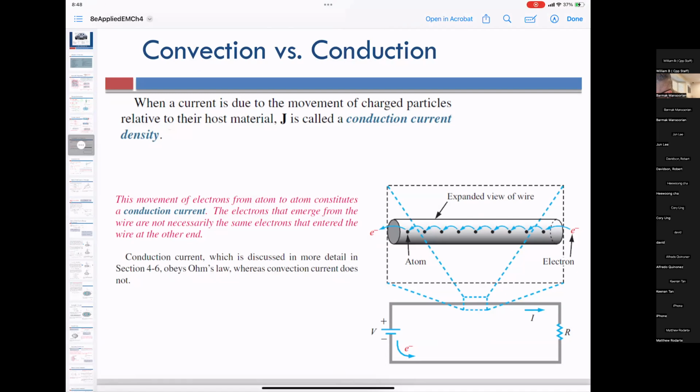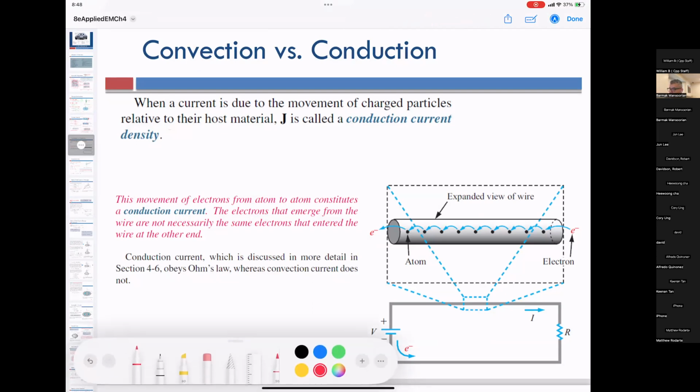And the conduction current is more in the sense that the electrons are moving through the material. For example, in a wire, you get electrons moving through the wire, and that's called a conduction current. And that's what we always run into. So the current density is the conduction current density and not the convection current density.